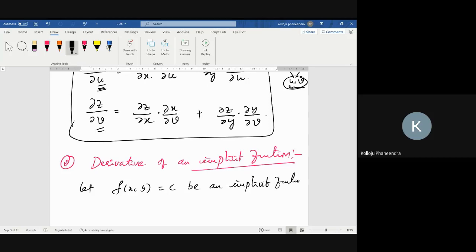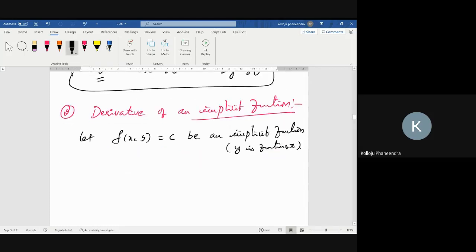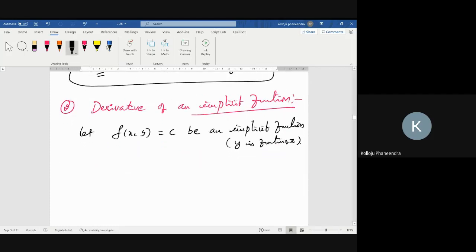What is the meaning here? Implicit function means y is a function of x. Loosely speaking, if x and y are not separated, that function is called an implicit function. Simply, in a loose way. So let f(x, y) = c be an implicit function.